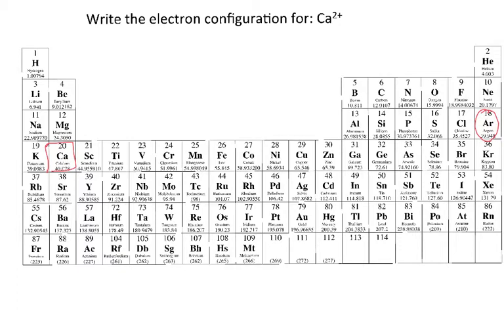And so I start here with my 1s2, then the 2s's come next, 2s2, then the 2p's are going to be full, so 2p6, 3s2 is next, and then finally 3p6. So calcium 2+ has the same electron configuration as argon.